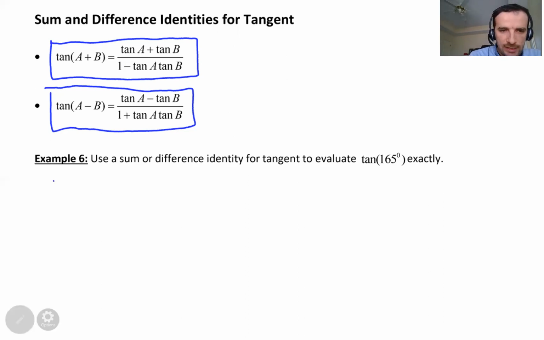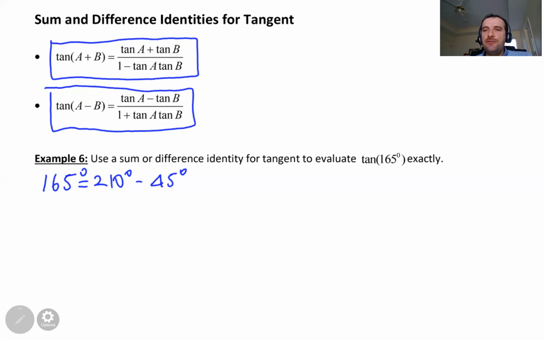But for example, I realized that 165 degrees is equal to 210 degrees minus 45 degrees, right? And 210 and 45 are the angles of a special triangle. So I can use this difference. I hope you also see how I got 165. I am not making a mistake, right? This is correct.